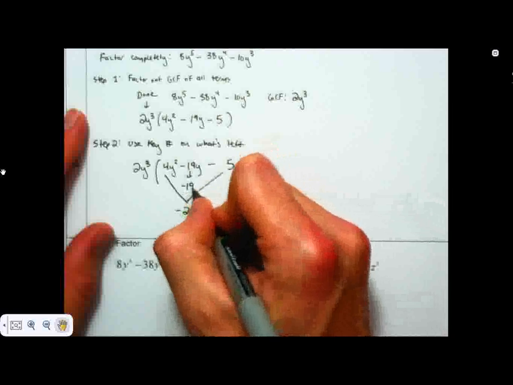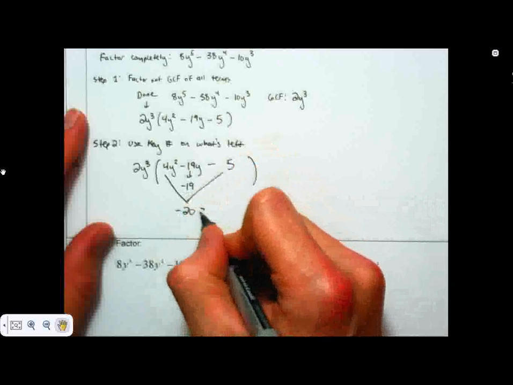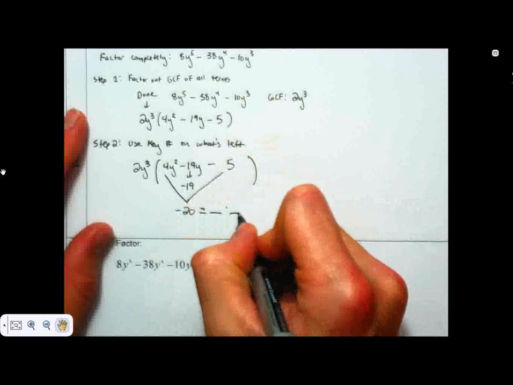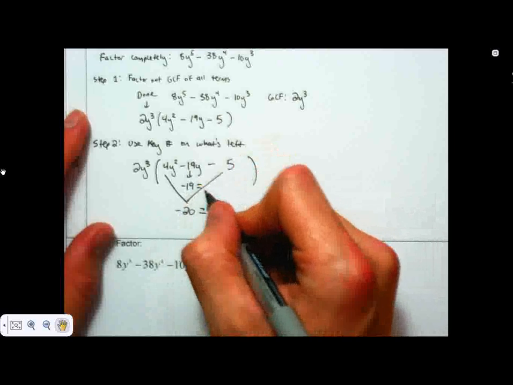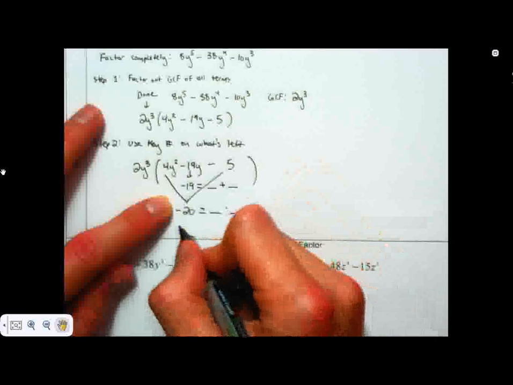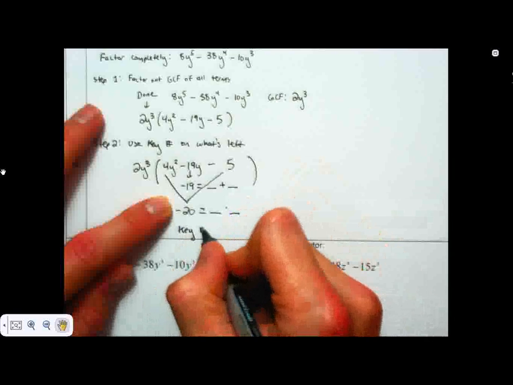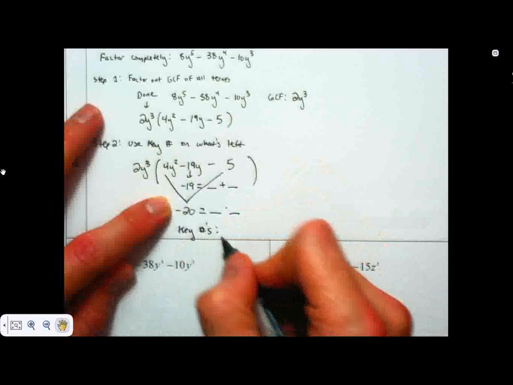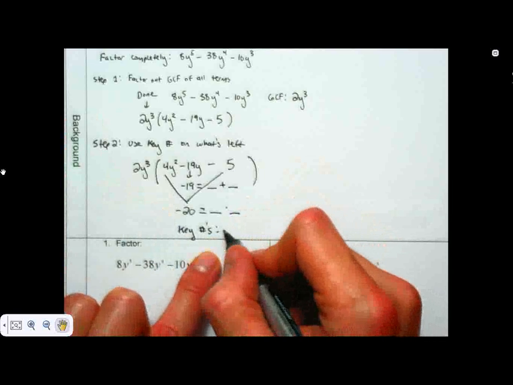And the middle guy is negative 19. So I have to think of 2 numbers that multiply together to be negative 20. At the same time, those numbers have to add together to be negative 19. And so I think in this case, negative 20 and 1 is going to be my winner.